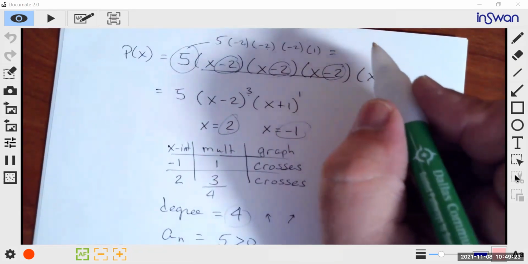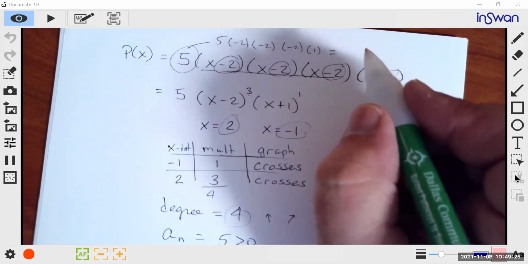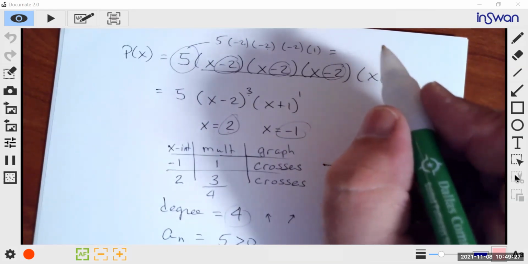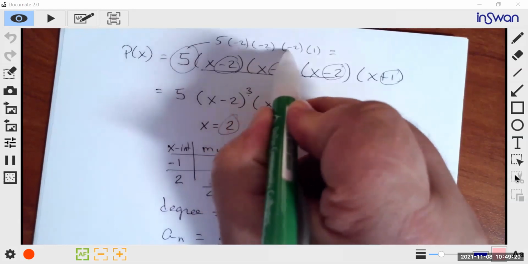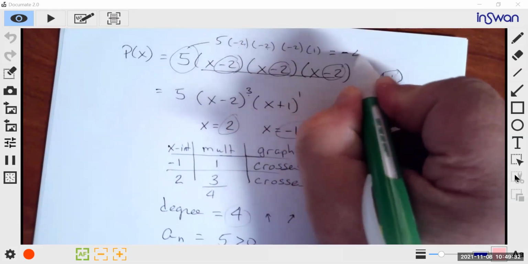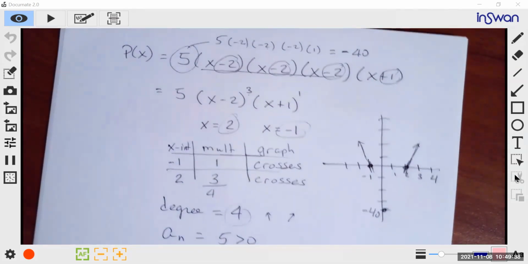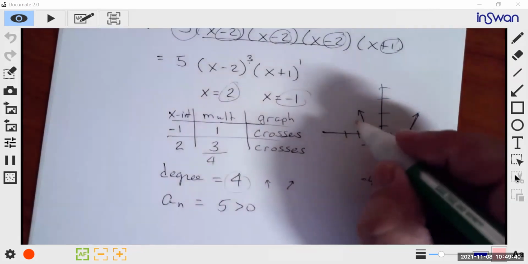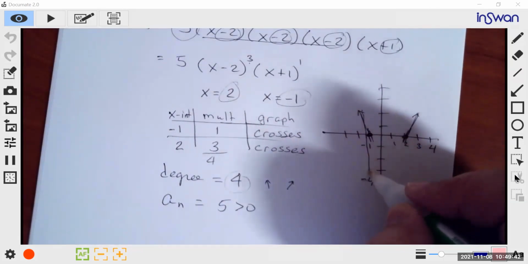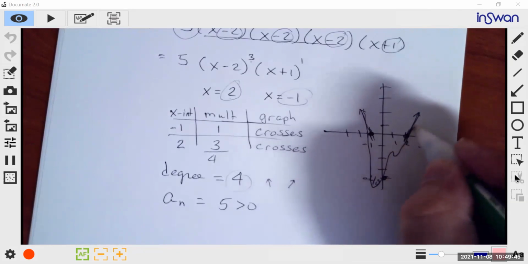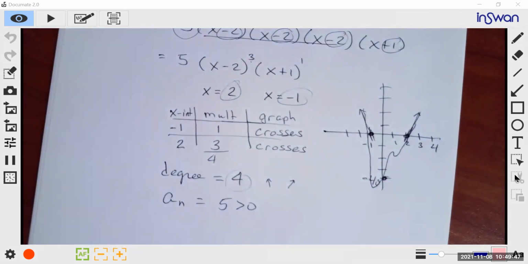Is it positive or negative? There's 1, 2, 3 negatives, so the answer is -40. So we know our graph crosses at -40. It looks something like that, some weird shape. But we do know it crosses the y-axis at -40.